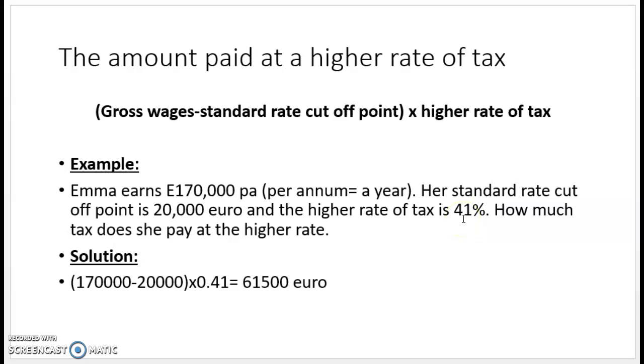How much tax does she pay at the higher rate? It's the gross, take away the standard rate cut-off point, and multiply that by her rate of tax as a decimal, 0.41, and that tells you that she has to pay €61,500 at the higher rate of tax. A lot of tax per year.